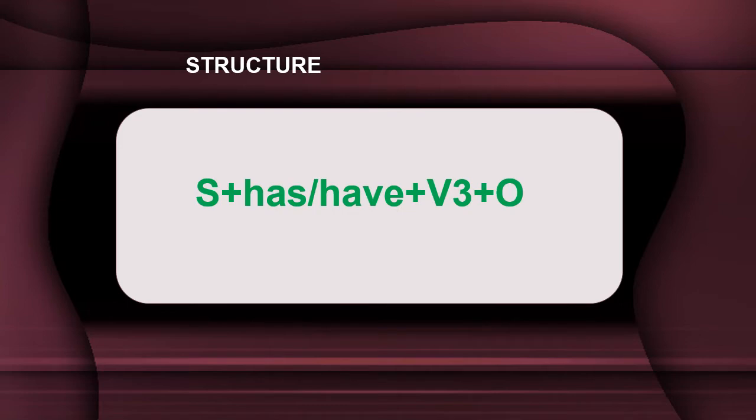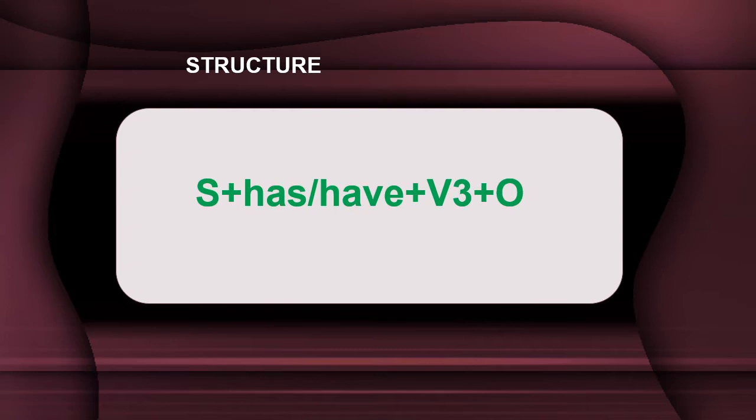Now, what is the structure of present perfect tense? Subject plus has or have plus V3 plus object. Here has or have is acting as a helping verb. V3 means the third form of the verb, or the past participle form of the verb.